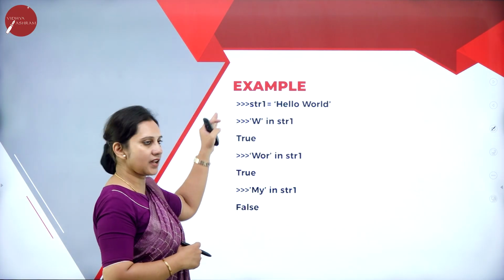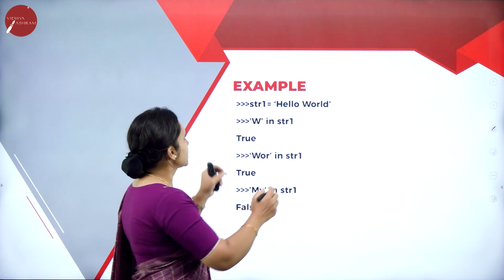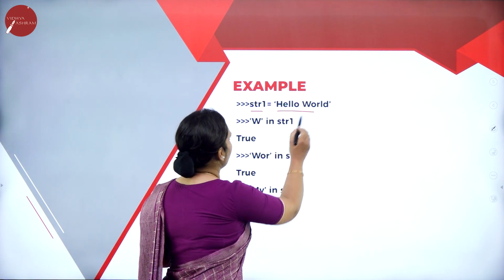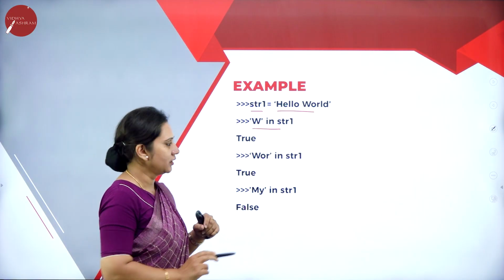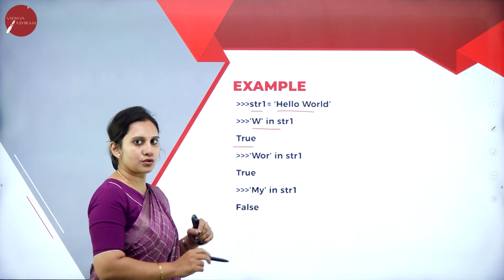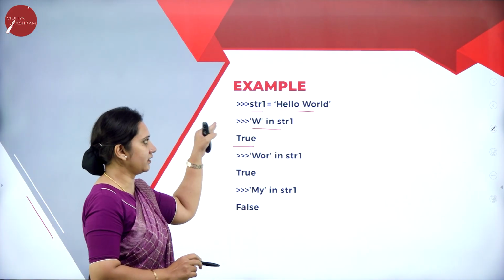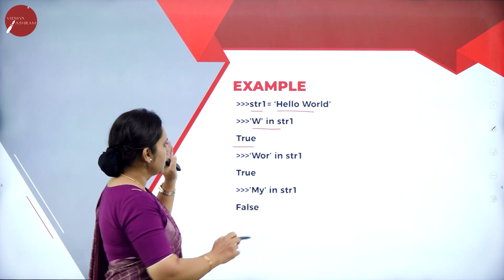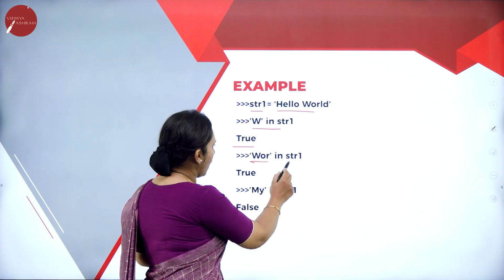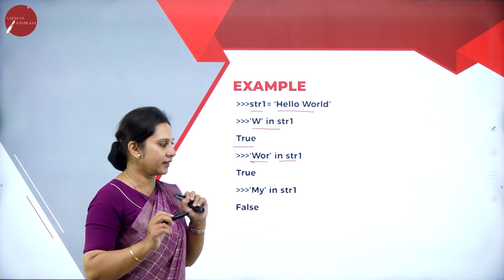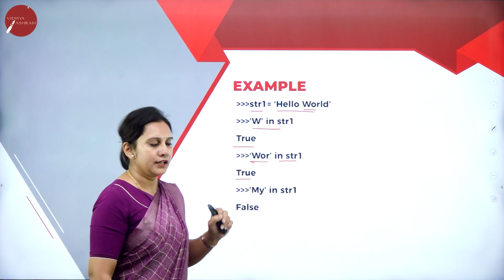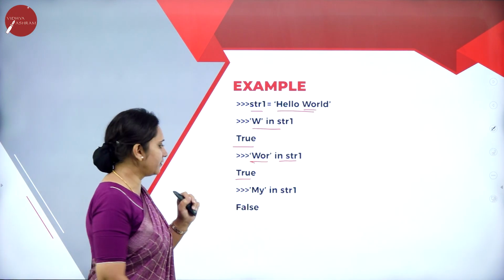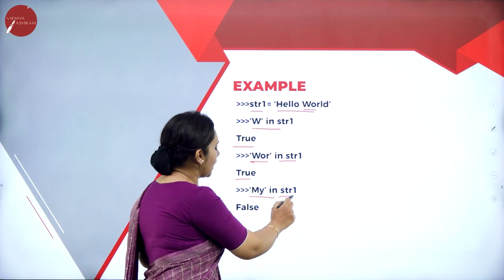So here is an example for the membership. String 1, hello world. So W in str, I'll give. So it displays true. Here the in operator is mentioned. Same way, WOR in str1. Yes, it is there in the substring also. WOR, so in operator. Same way, MY in str.